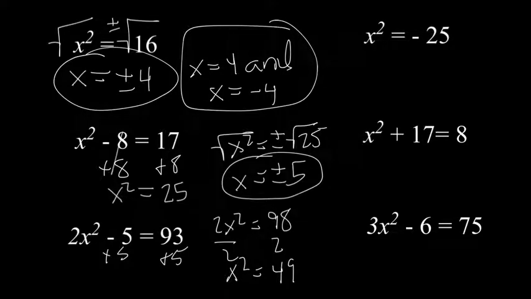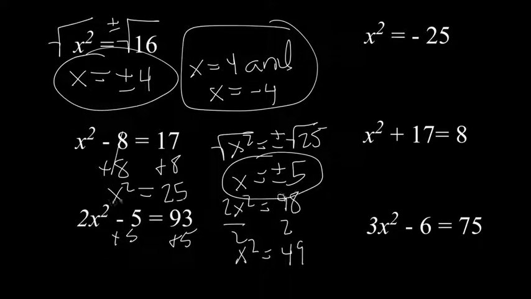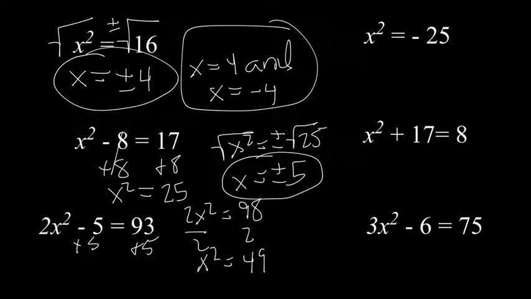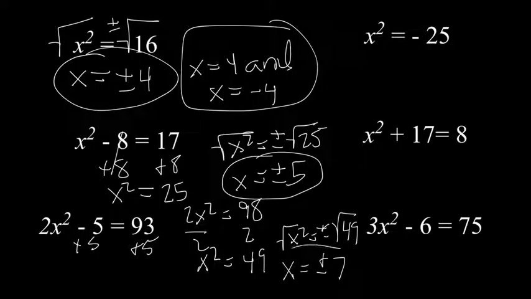Then we do the square root of x squared is equal to plus or minus the square root of 49, which gives you x is equal to plus or minus 7.